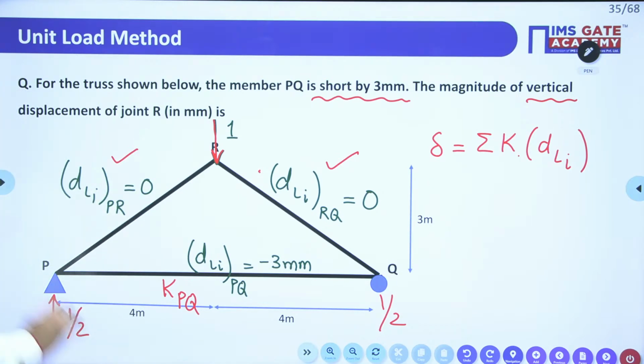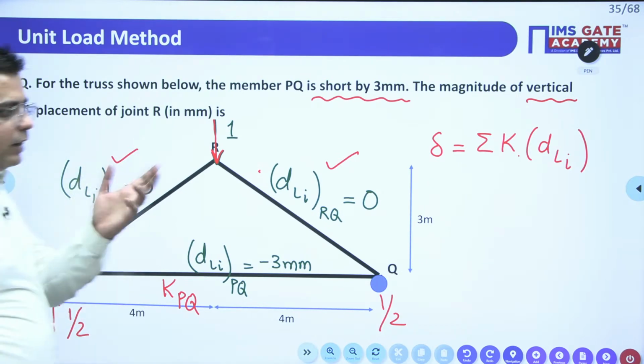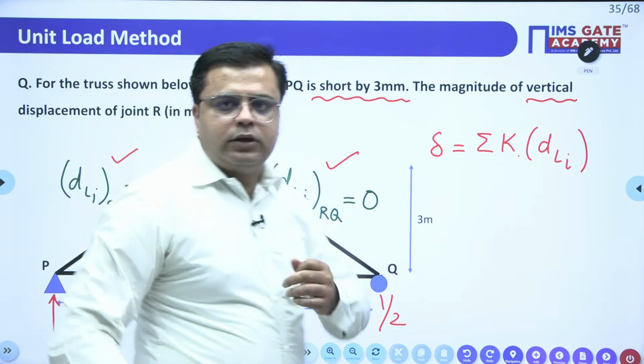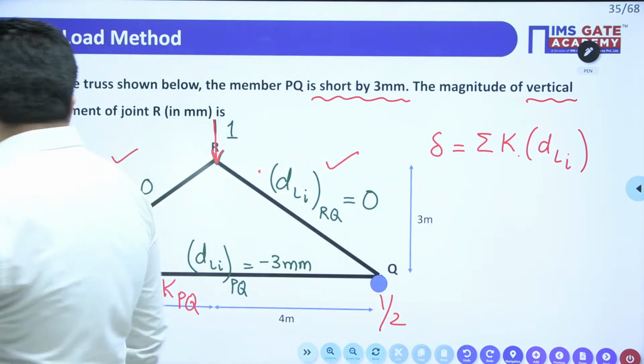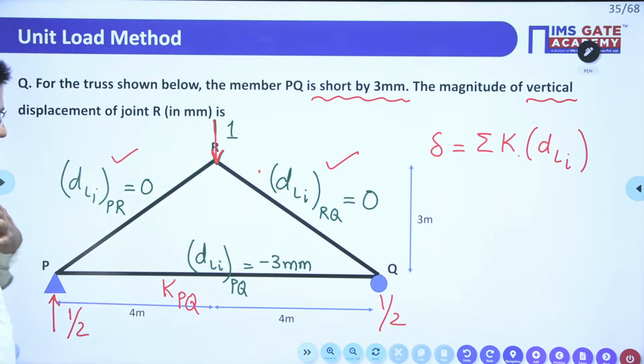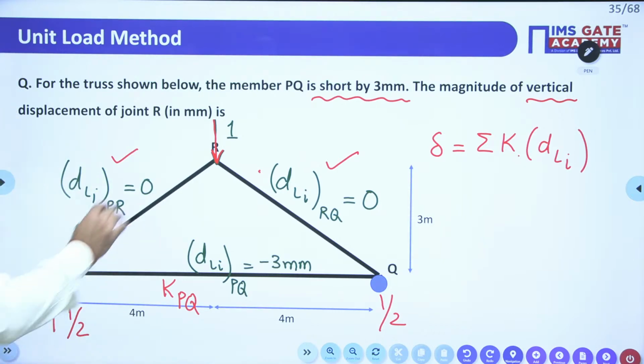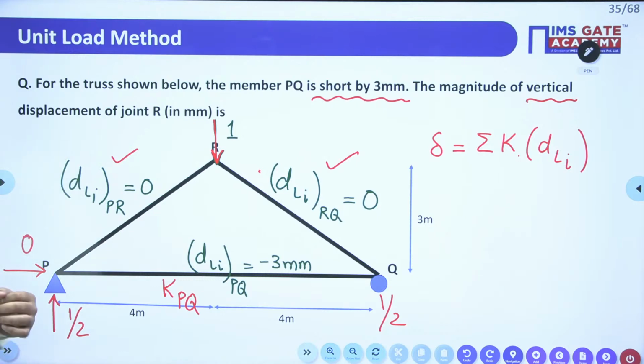Talking about the horizontal forces, there are no horizontal forces. Are there any horizontal forces? Since there are none, just take the summation of horizontal forces to be 0. You will find that the horizontal reaction at point P is 0.